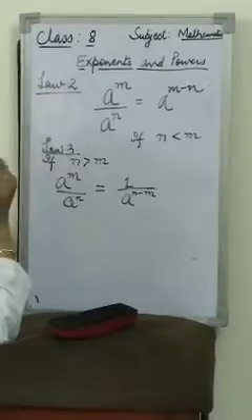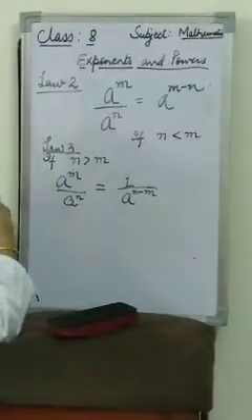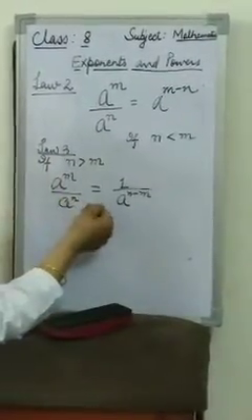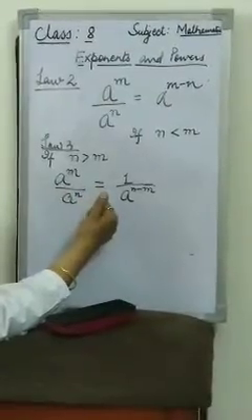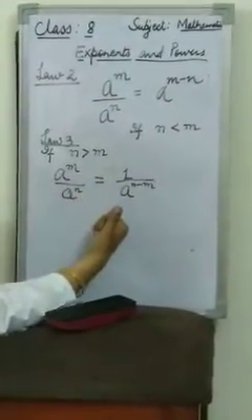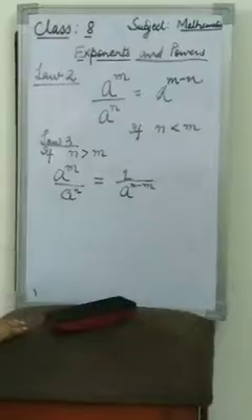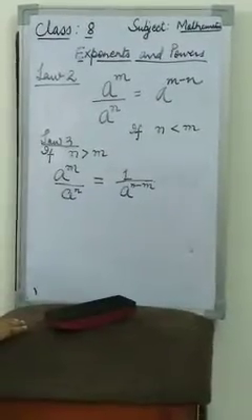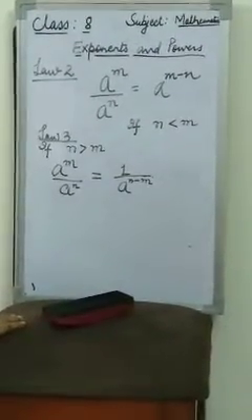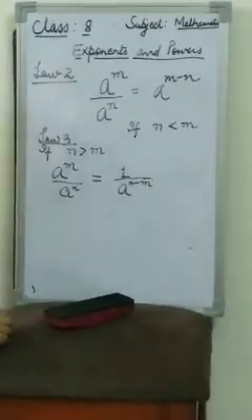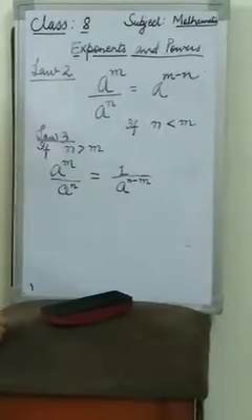If the power of the numerator is greater, then it becomes the second law, and if the power of the denominator is greater, it becomes the third law. In the third law, when the denominator's power is greater, we shift the power of the numerator to the denominator with a negative sign, and we write the answer 1 upon a to the power n minus m.